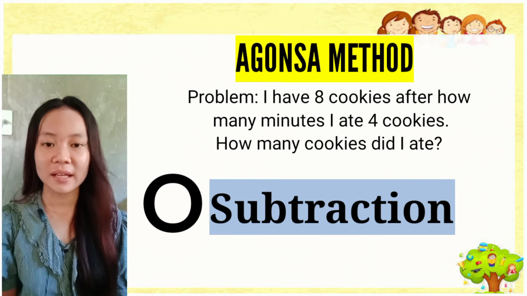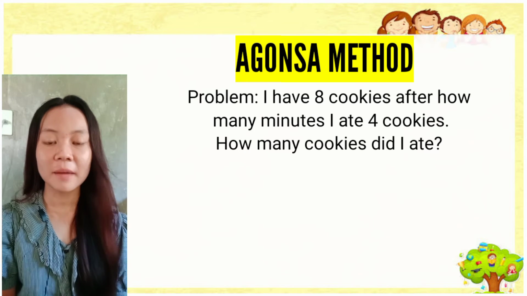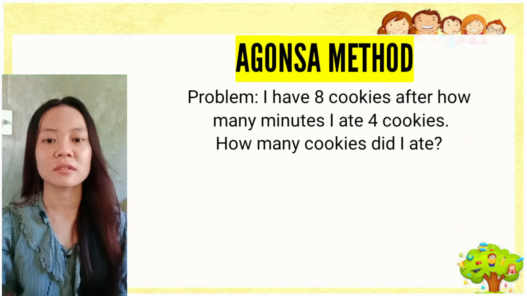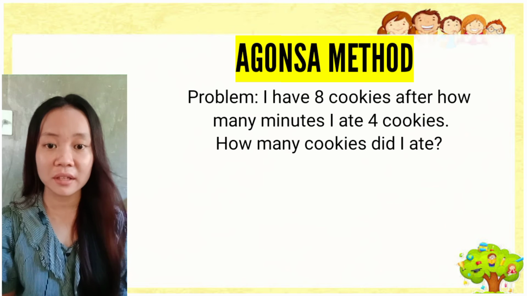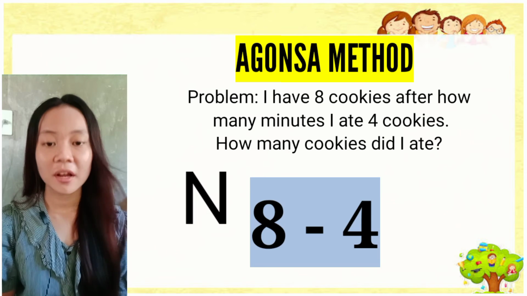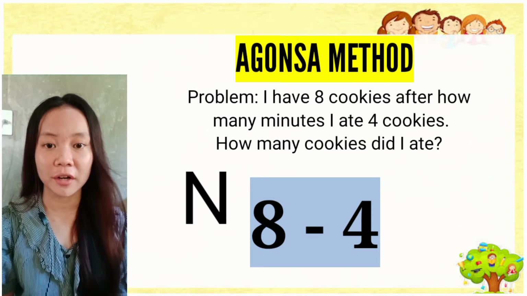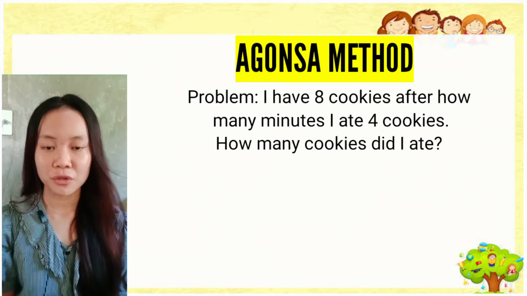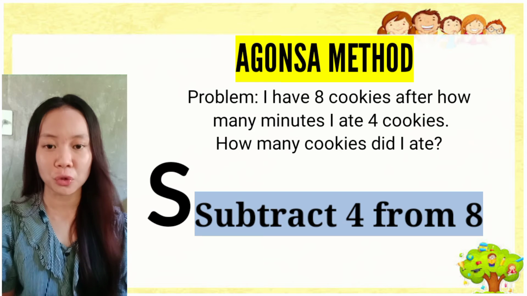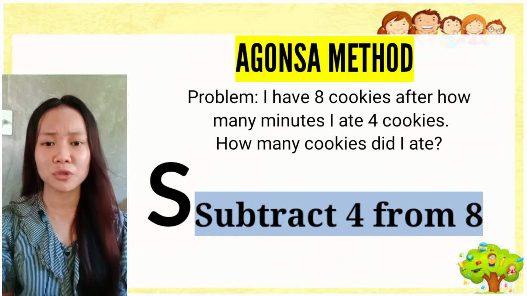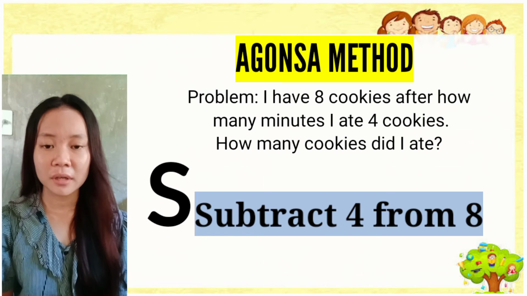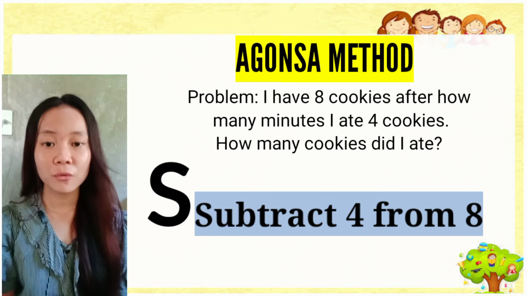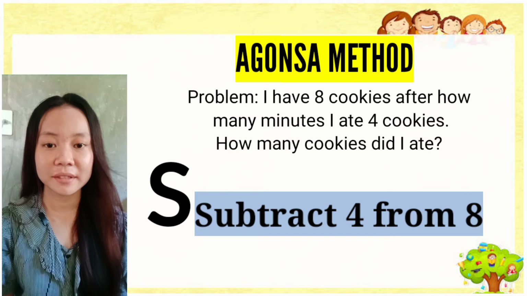So, next is the number sentence. So, the number sentence on that problem is 8 minus 4. So, that is the number sentence. So, next is the solution. What is the solution for that problem? So, we subtract 4 from 8.